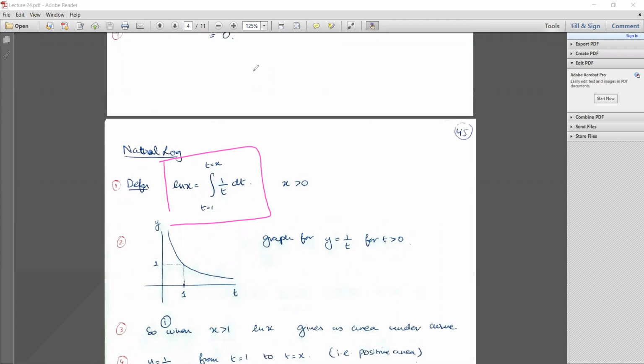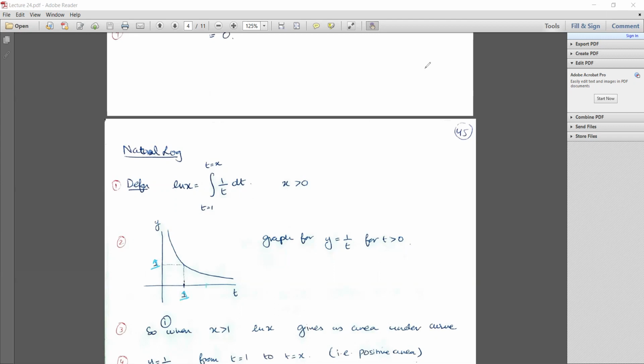dt. Now, the graph of 1 over t is this. And since we're only concerned with x being positive, we're just concerned with this part of the graph here. So that's what I've drawn here. You have this graph and you want the integral of the function from 1 to x. So this is 1 and obviously 1 over 1 is also 1.